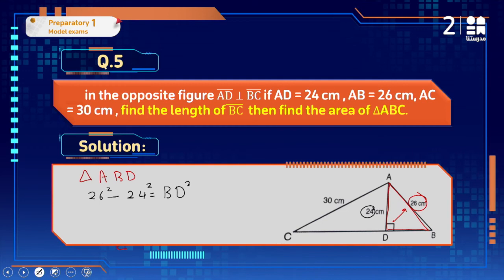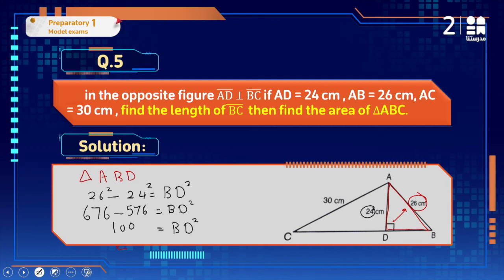Then 26 squared is 26 times 26, which is 676, minus 24 squared, which is 24 times 24, is 576, equals BD squared. By subtracting, you will get 100 equals BD squared.